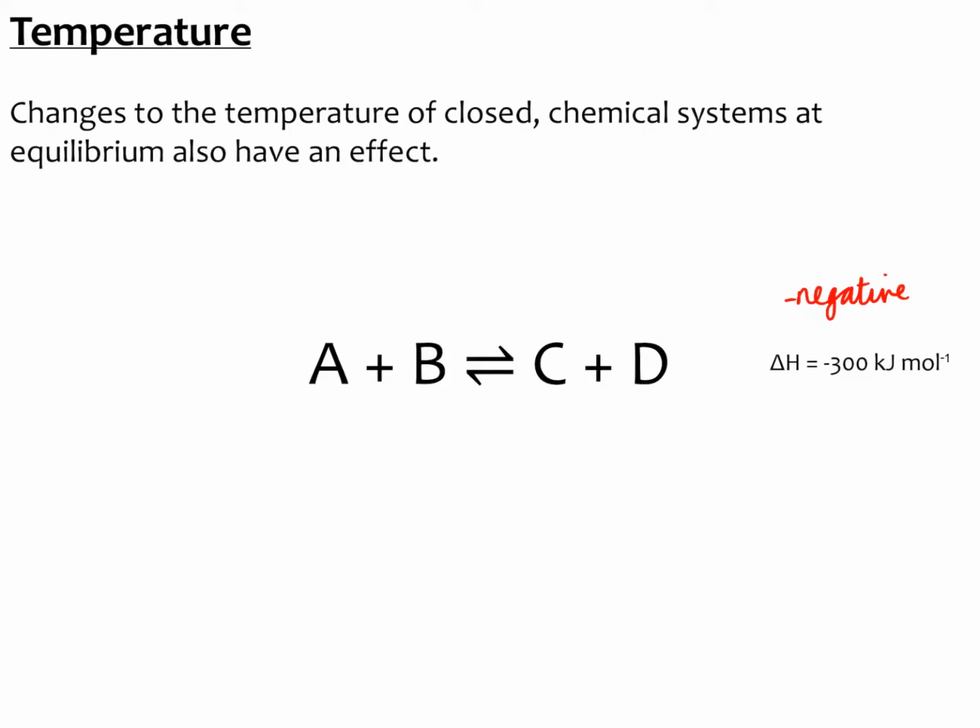So this is talking about how much heat energy 1 mole of a substance will produce or use in a chemical reaction. Because this is negative, it shows that the system loses energy in the forwards direction.